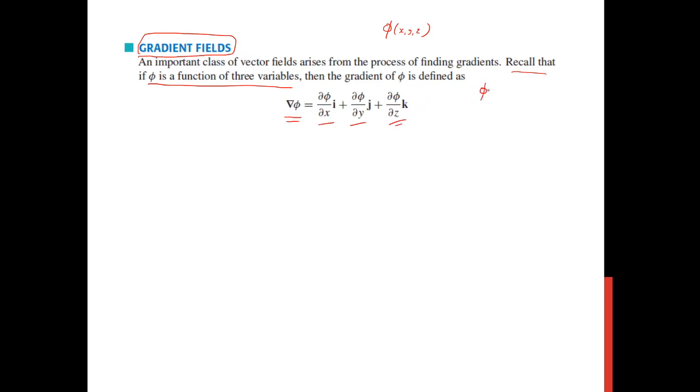If it is a two variable function, then del phi is simply dou phi by dou x i plus dou phi by dou y j. So this field, for each point x, y, z, del phi is a vector field because it's a vector.